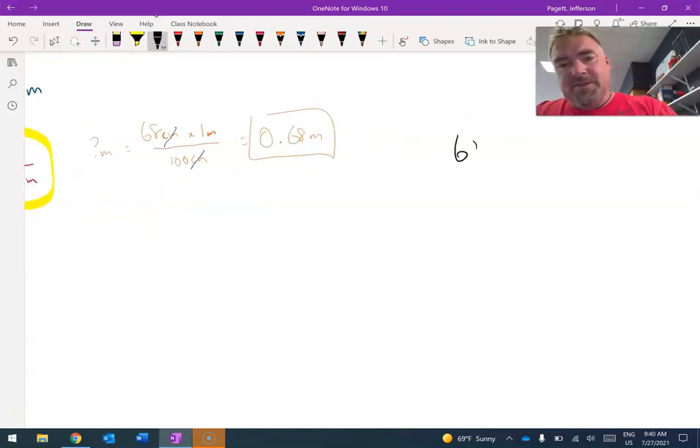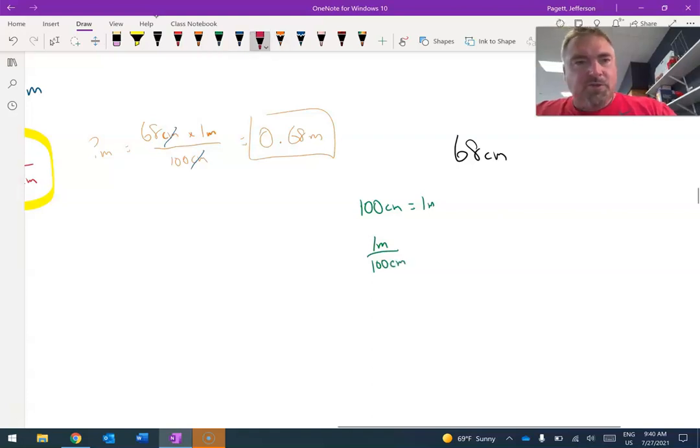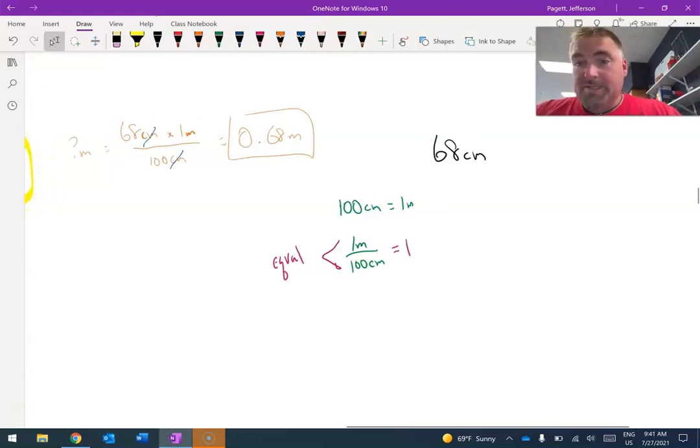Let's say we've got 68 centimeters, and I happen to know that there are 100 centimeters in 1 meter. So if I do 1 meter divided by 100 centimeters, because these two are equal, they mean the same thing, this is basically equal to 1. And if I multiply that 68 centimeters times 1, I get 68 centimeters.